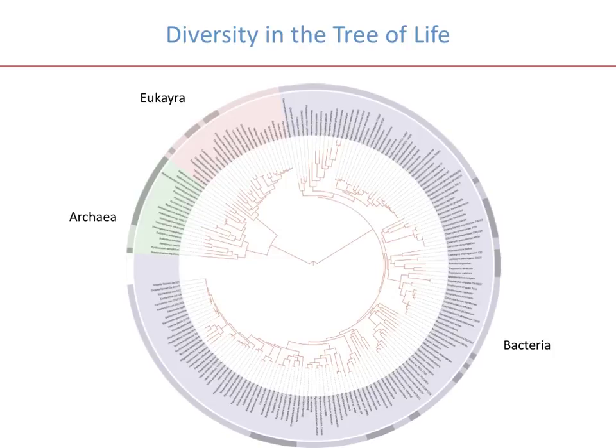This is an old tree, but what I want to point out is that when you build these trees of life and try to represent different types of organisms, by far and large the biggest group is bacteria. There is an enormous amount of diversity encompassed in these small little cells that all look somewhat alike.